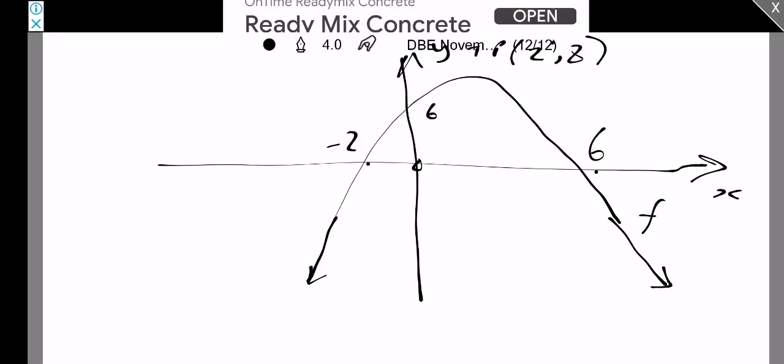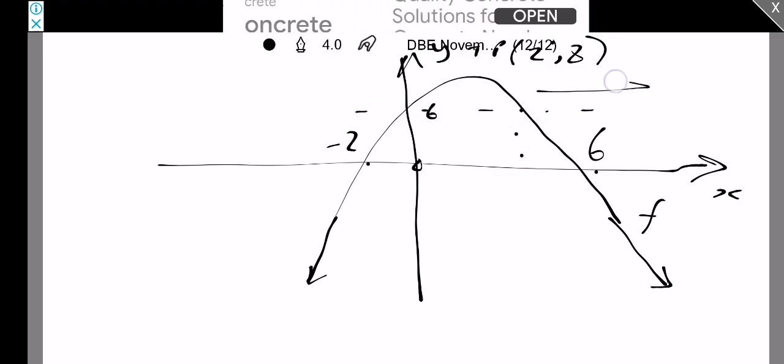So remember, it was all the real values less than 0, and it is going to be all the real values greater than 4.